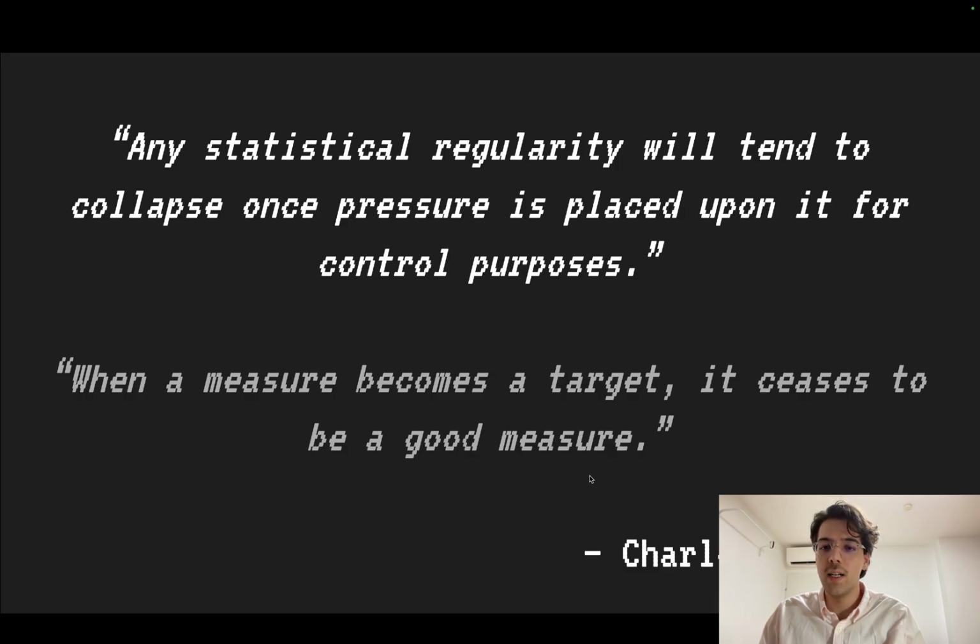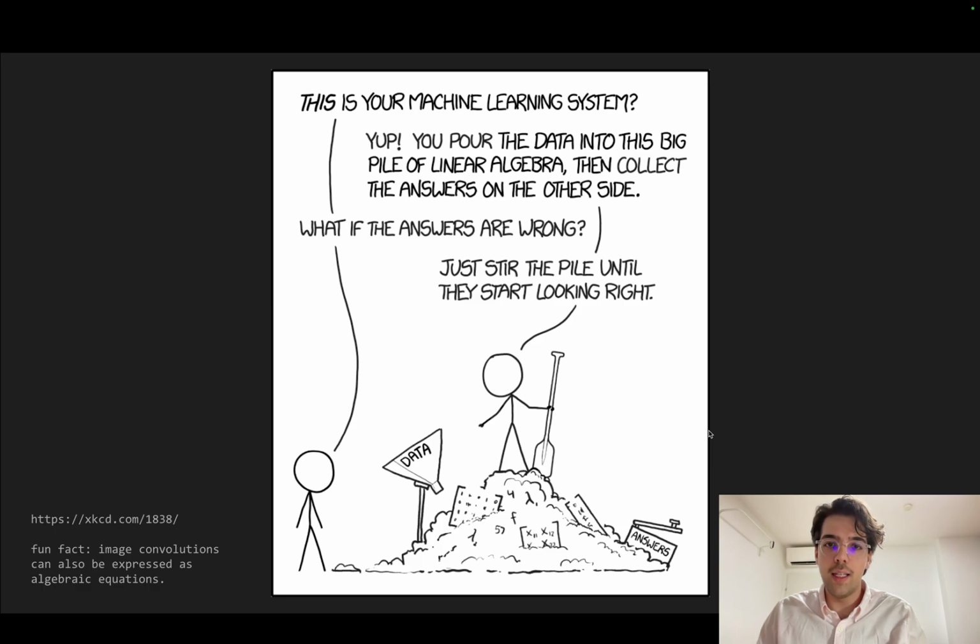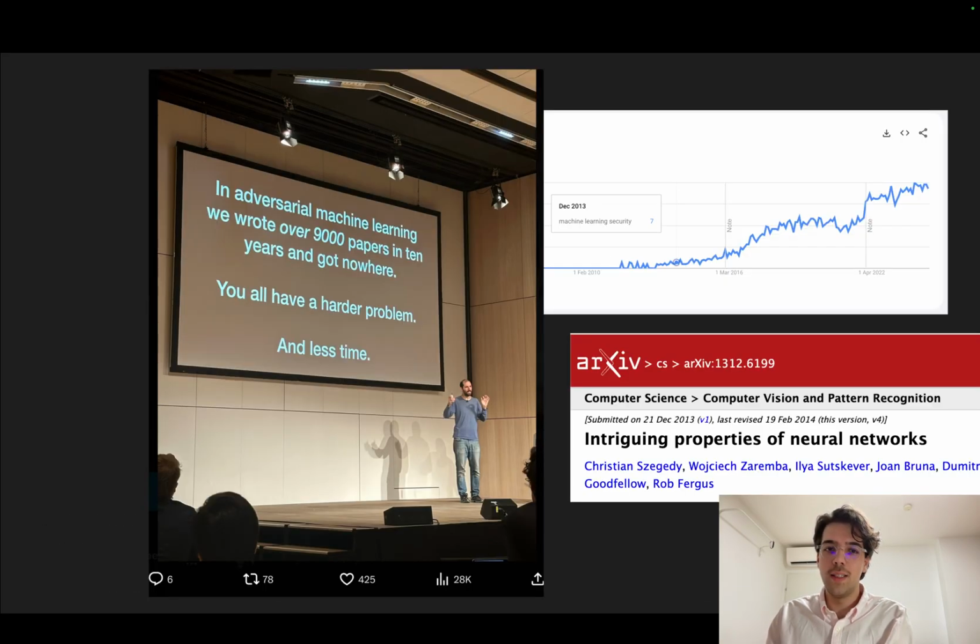I think this quote by Charles Goodhart captures it well: "When a measure becomes a target, it ceases to be a good measure." And this is one funny XKCD meme where you have this soup of linear algebra and just stare around and try to optimize metrics without thinking of the applications, interpretability, and downstream tasks, which is obviously a hyperbole, but just an interesting comic that captures the spirit of what I've said quite well.